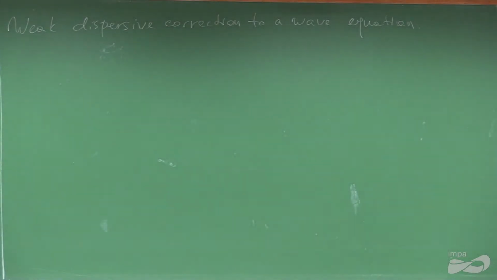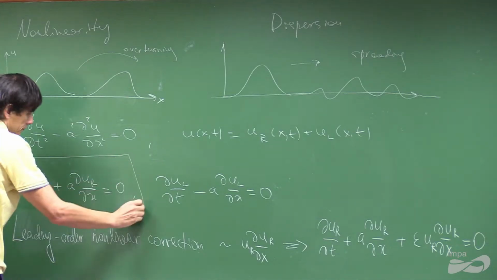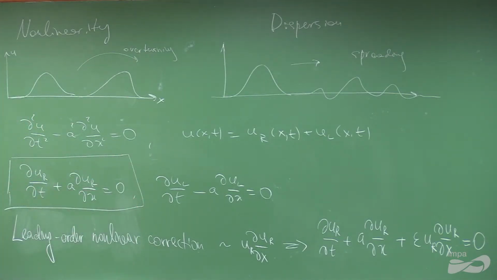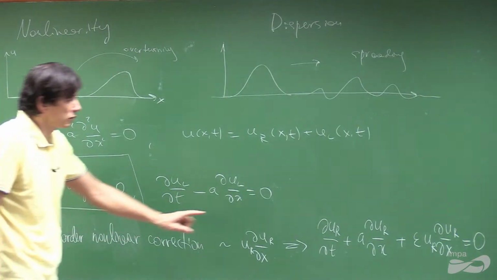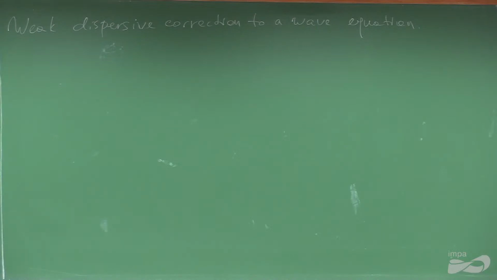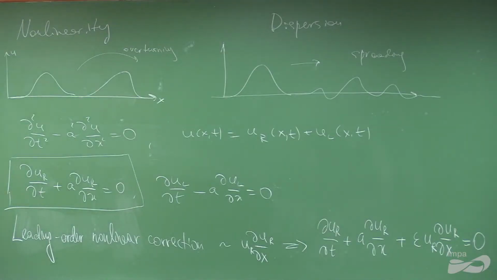Again, we will stick to the right-going wave, for the same reasons. In that order of approximation, whenever you just take this leading order term, you don't need to consider the other approximation, the left-going wave. We justify it kind of intuitively, but you can actually derive it mathematically. We don't do it now. So we still consider right-going wave.